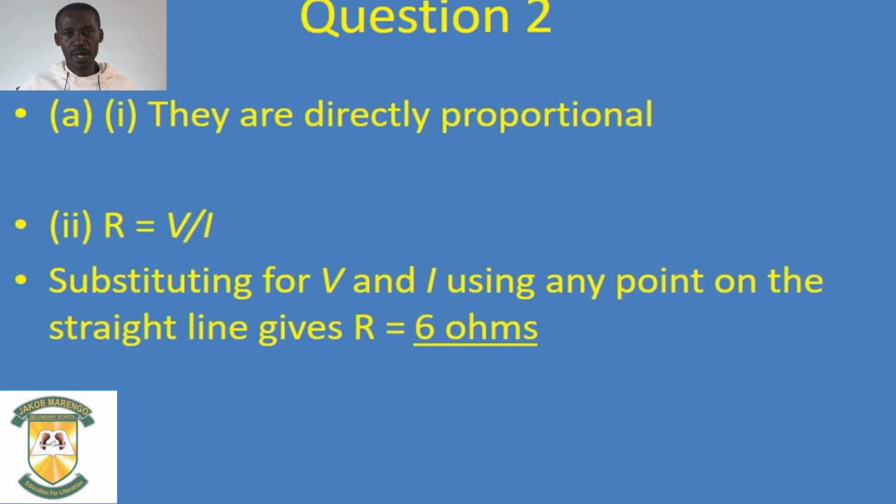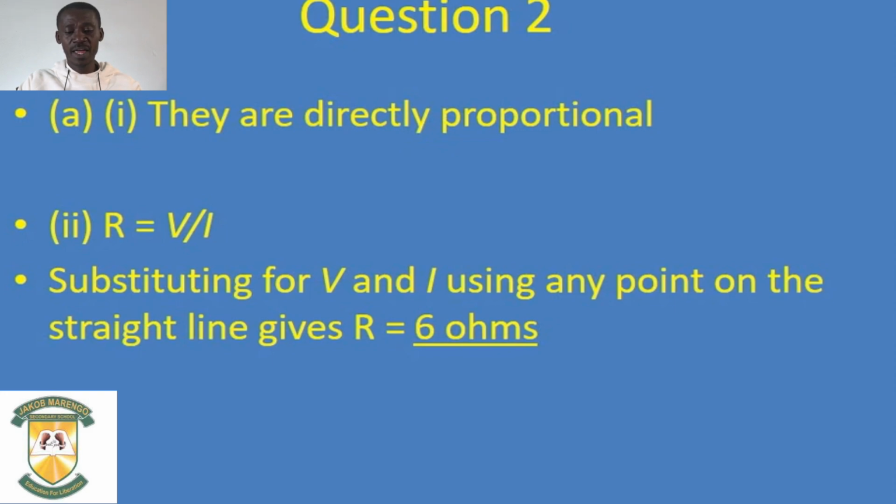2a Roman 2. You're supposed to calculate the resistance of the ohmic conductor. As we all know, resistance is given by voltage divided by current.